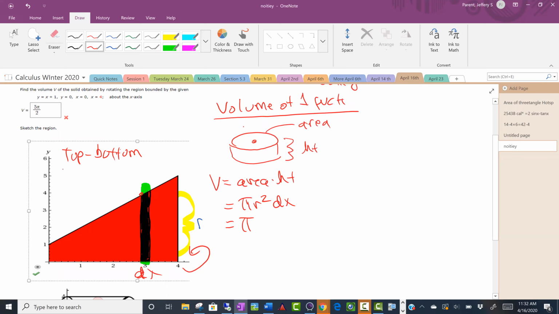So the top function was x plus 1. The bottom function, well, it's not really a bottom function unless you want to count it as 0. So top minus bottom, x plus 1 minus 0. That gives me pi times (x plus 1) squared dx. So that's my expression for the volume of one puck.